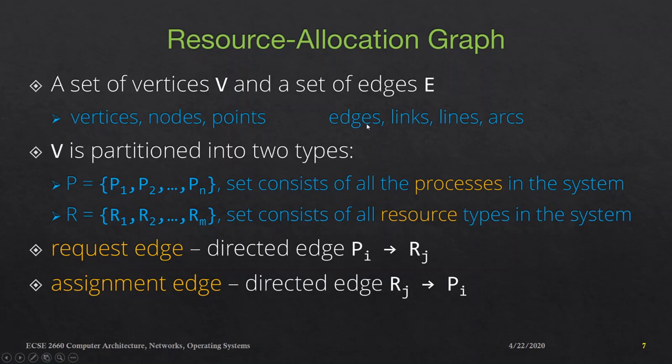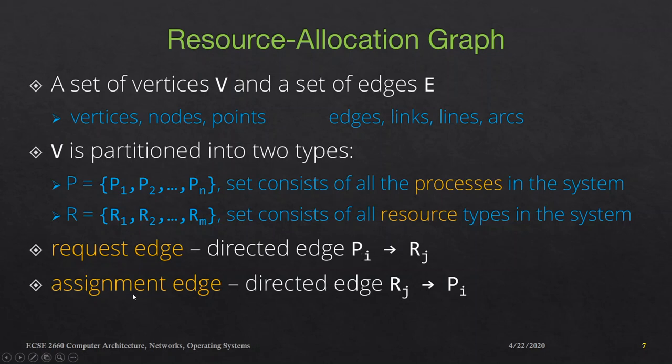Now how about the edges or links or lines or arcs? There could be two different types of edges. Both of them are directed edges, which means that there is an arrow and there is a flow of control from one to the other. A request edge is essentially a process i requesting a resource type j. So Pi to Rj. When the directed edge points from a process to the resource, it's a request edge, because all a process can do is request a resource.